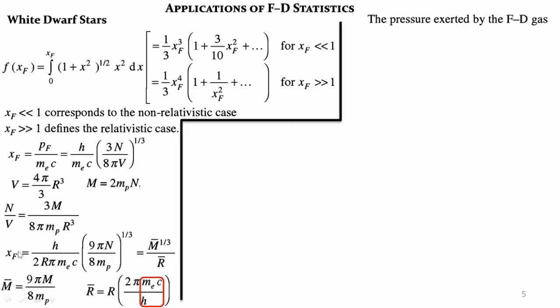So now we have described the xf here, and from that it has been described in terms of this. Now one more thing to notice is that this m bar is directly proportional to mass of the star. So this is some sort of effective mass.